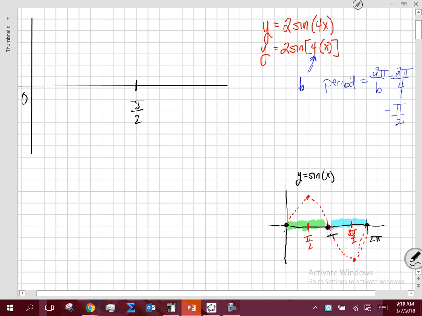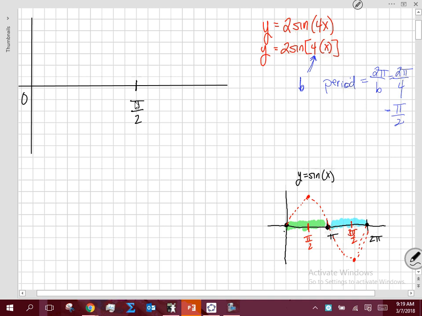Does that make sense? For the most part, when we're doing these, I don't try to set up my x-axis all at once. Because I might set up my x-axis in terms of like pi over 6 or pi over 12. In fact, pi over 12 is actually a really nice one to use because it's going to hit your pi over 4 multiples and your pi over 3 and pi over 6 multiples.